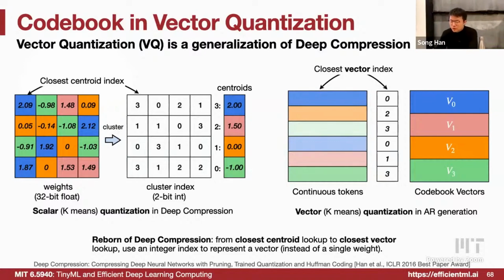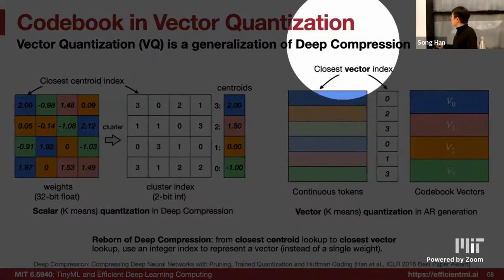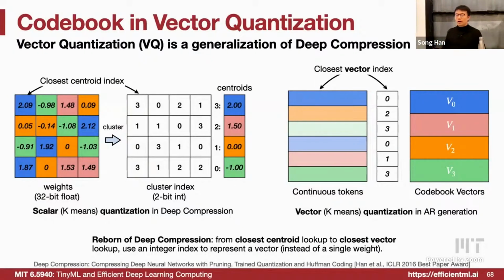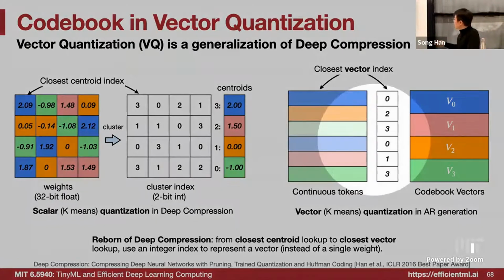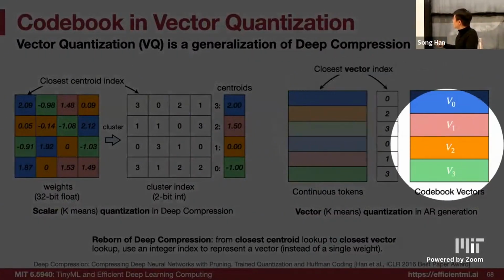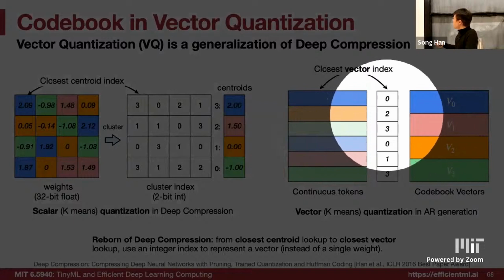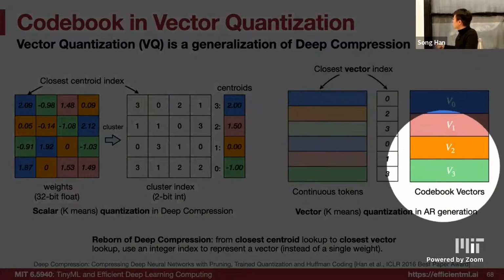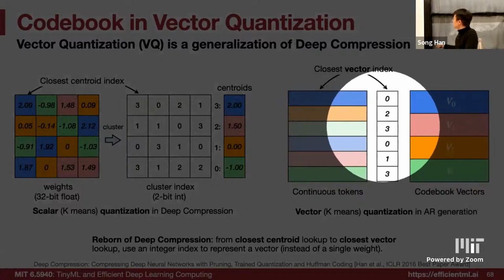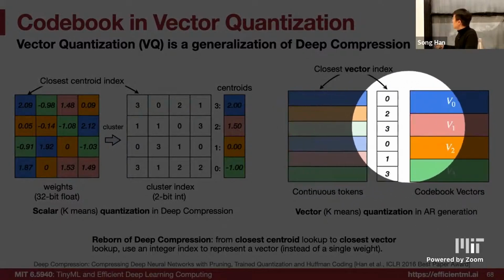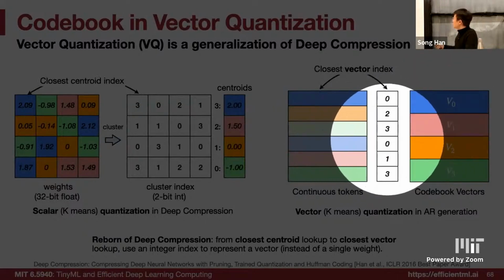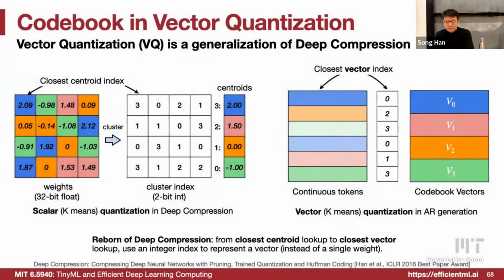So we can do vector quantization in AI generation where each index corresponds to one of the codebook entries. For example, for this vector, the closest color is probably right here, so we store index 2. And this color is different from any of them, but the closest one is V3, so we store vector 3. The blue is closest to this codebook entry, therefore we store entry 0.